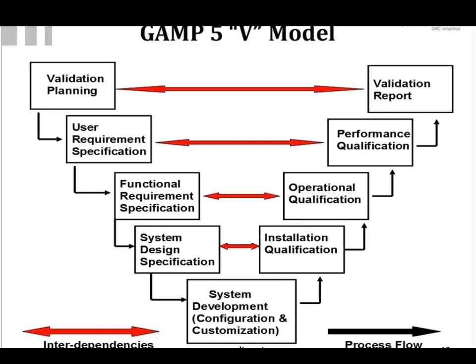Finally, your validation report will summarize everything. It'll talk about how you did your testing, how successfully you met your plans in terms of your validation planning and your rationale for how much testing to do, and how well that succeeded. Note that every one of these deliverables has to be approved before you can go to the next level.